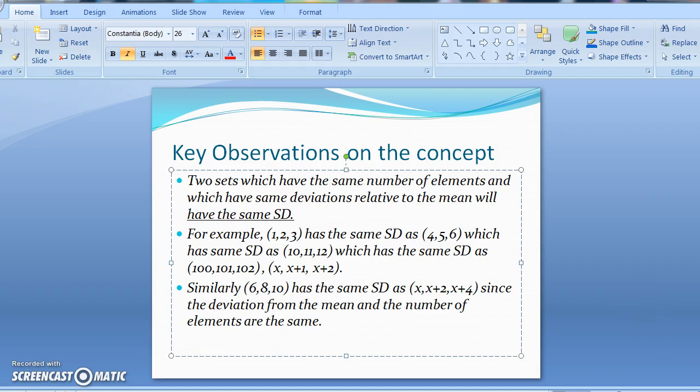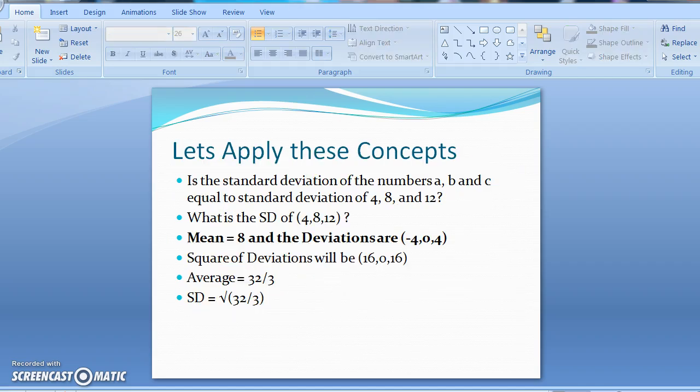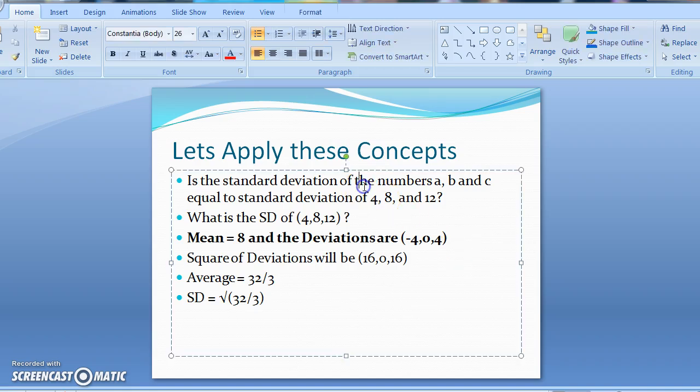Alright, so now I think we've got some mastery over these concepts, and now we can apply them to this problem. Let's take a look. Is the standard deviation of the numbers a, b and c equal to the standard deviation of 4, 8, 12? So first, what is the standard deviation of 4, 8, 12?